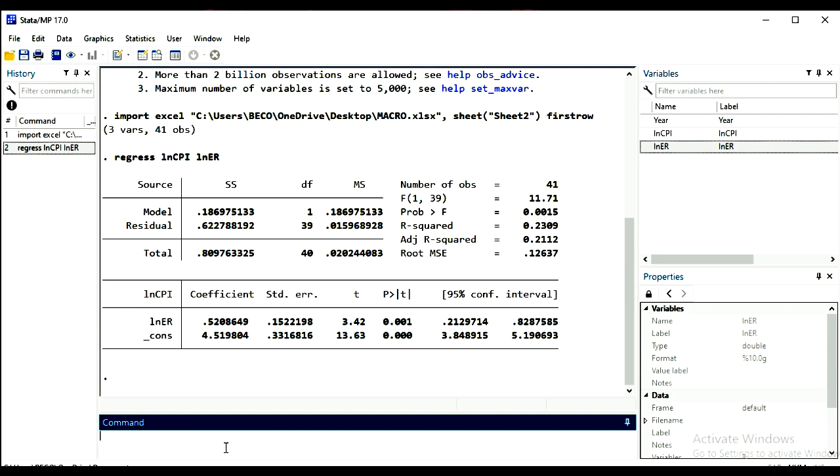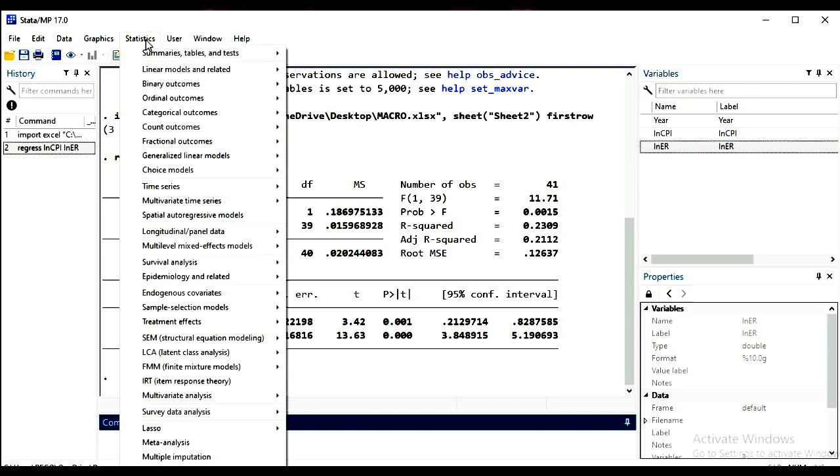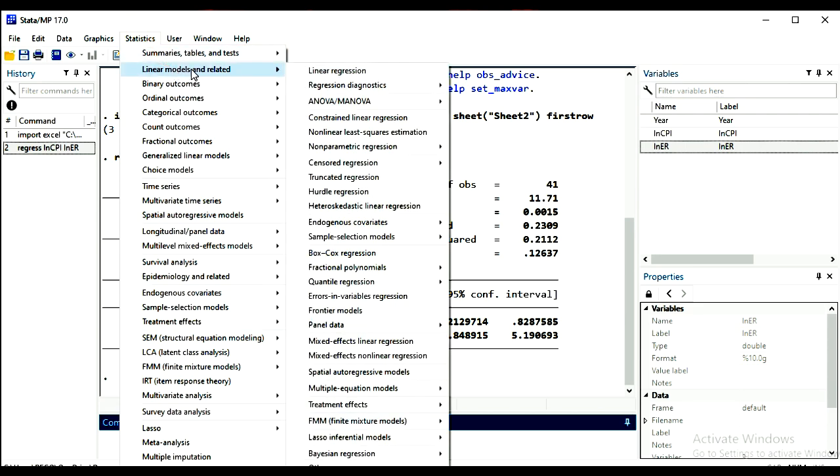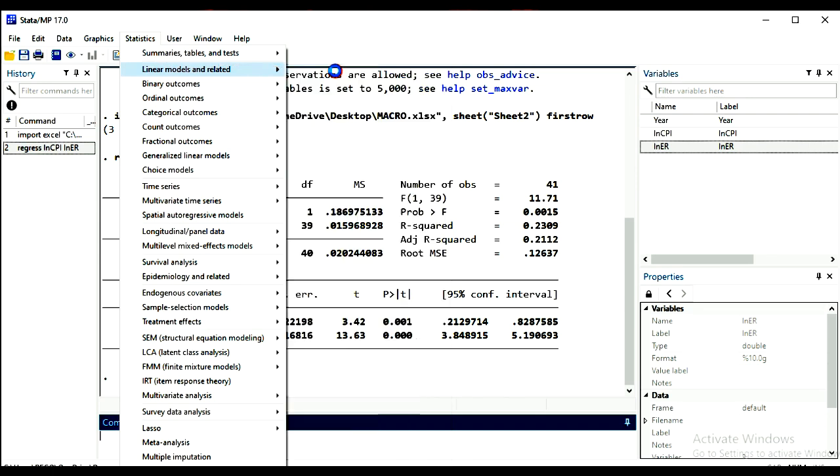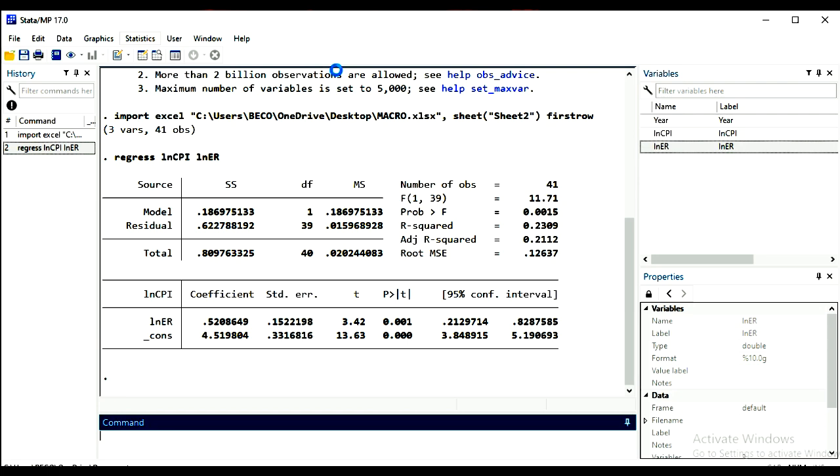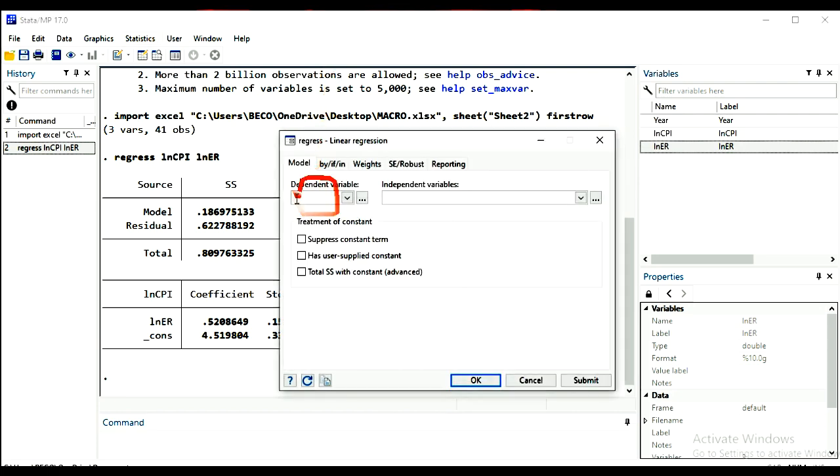This is the estimated result, and you can also obtain exactly similar results by using the menu tab, following the path of Statistics, then choosing Linear models and related, because we are considering the linear model, and then choosing Linear regression. Then in the space for the dependent variable, of course the dependent variable is inflation, which is proxied in our case by the natural logarithm of consumer price index.